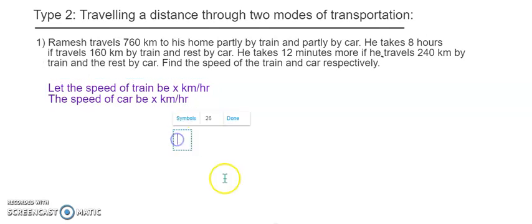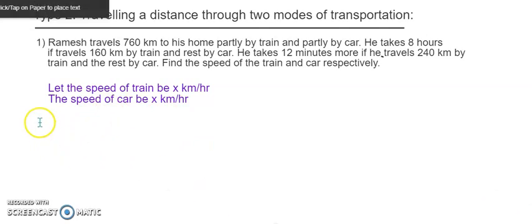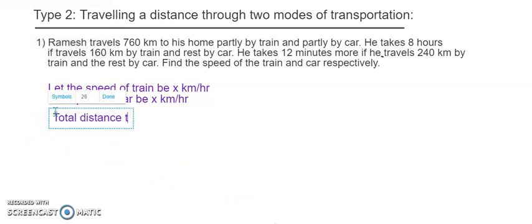Okay, that's our first case. Now case 1. First, let's write down the total distance and then we'll write the case 1. Okay, total distance to be traveled in each case is 760 kilometers.